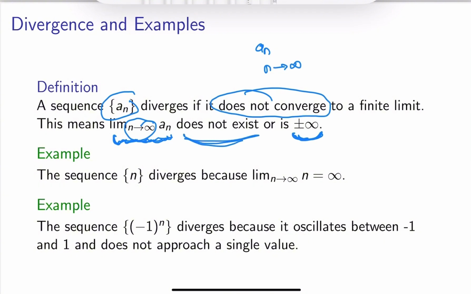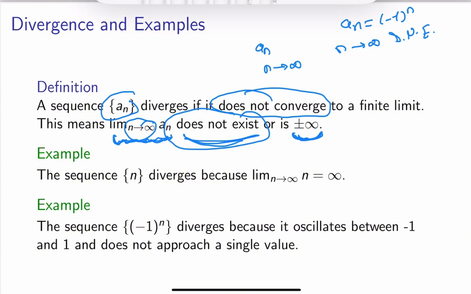For example, for a_n equals (-1)^n, if I ask what happens as n tends to infinity, you tell me I don't know, because it can be +1 or -1. So in this case, the limit does not exist, and we say that the sequence is divergent.